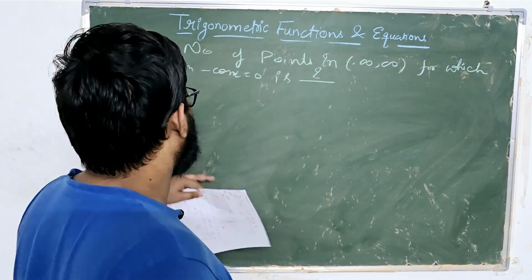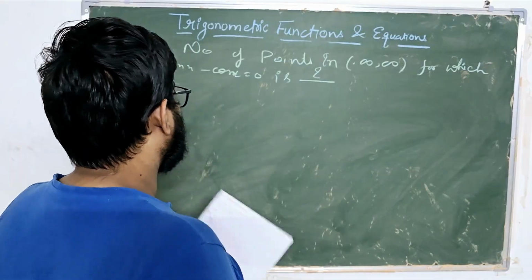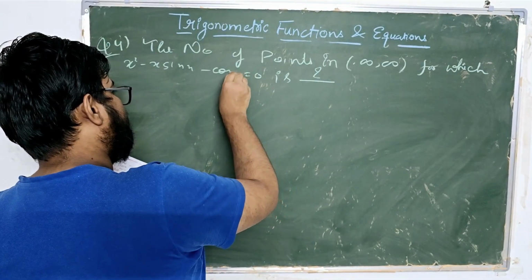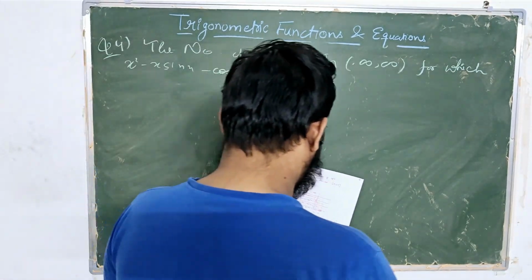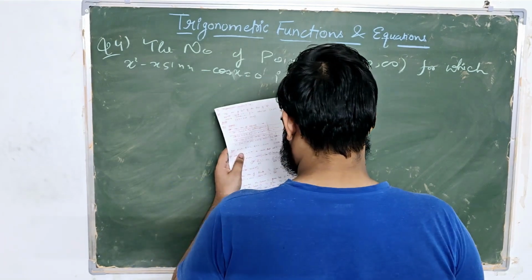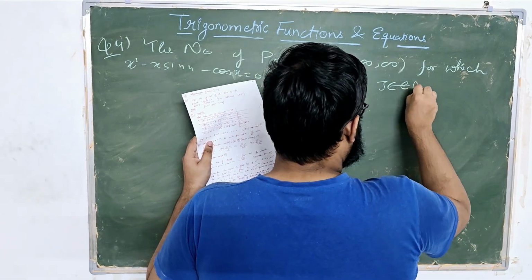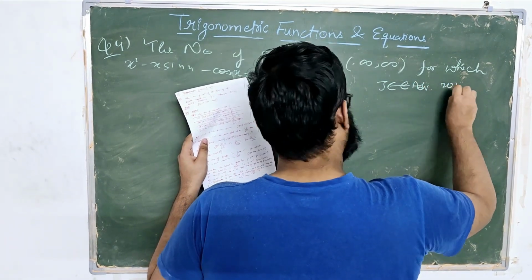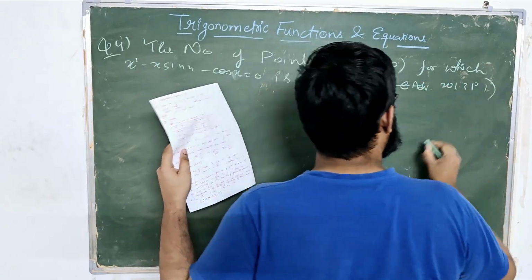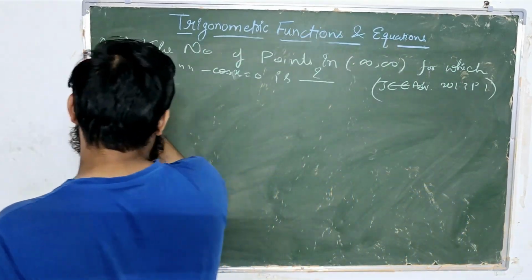So we have to find the number of points for which this equation holds. Okay, this is cos x. Okay, it is from JEE Advanced 2013 paper 1. Okay, so let's see.